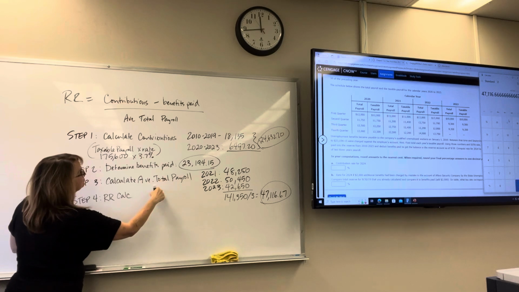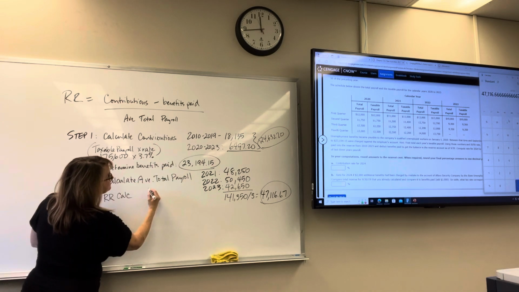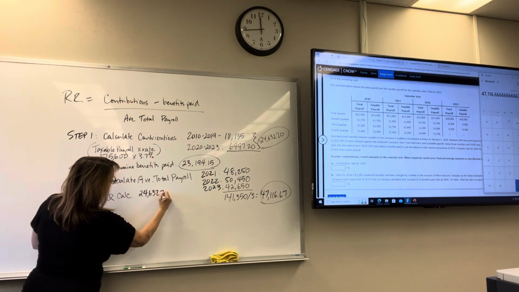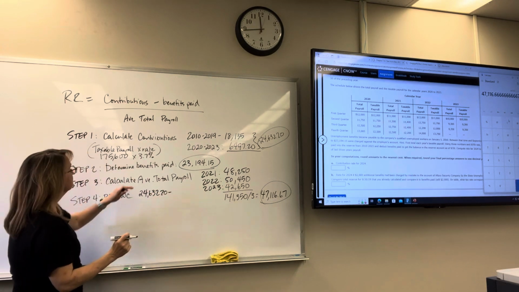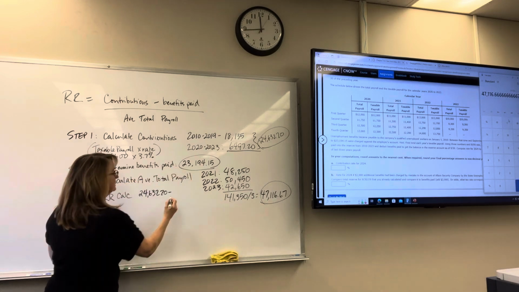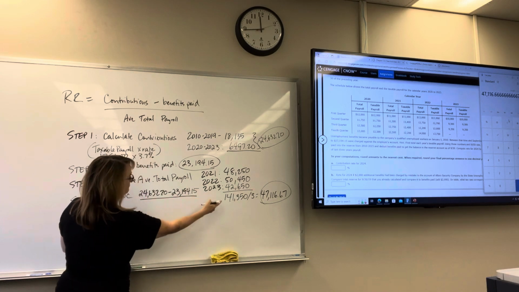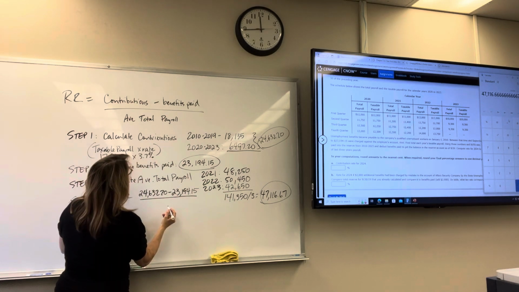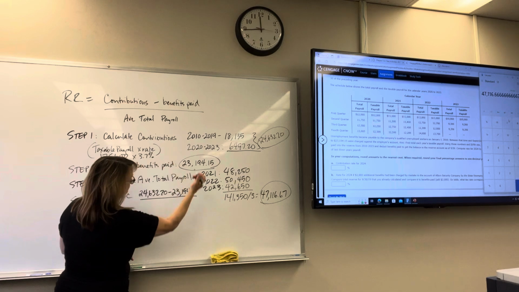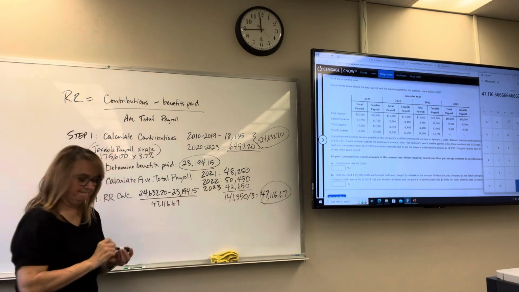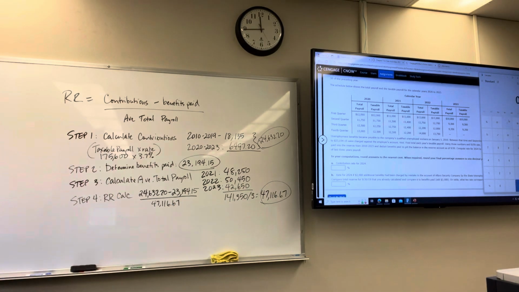So our contributions, 24,632.20 minus our benefits paid, 23,194.15 divided by our average annual total payroll, 47,116.67. And you just do the math.